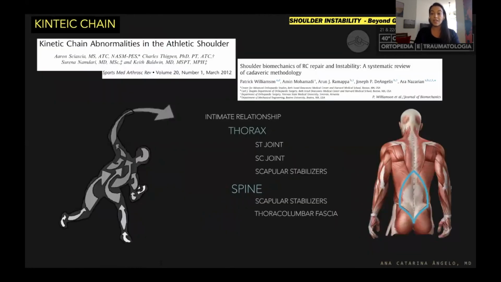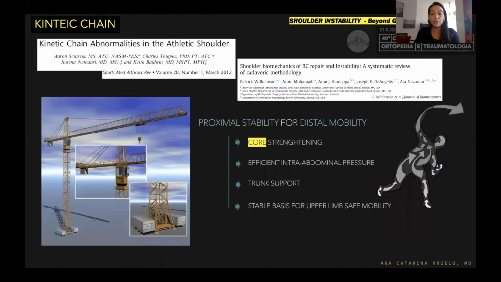The kinetic chain is very important. As we've seen before, there are a lot of muscles that connect our shoulder girdle to our axial musculoskeletal system. And why is this so important? Because our shoulder works as a crane.